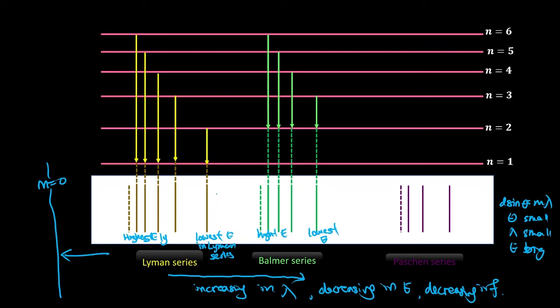The energy at L is always greater than the energy at B. Your Lyman series always has greater energy than the Balmer series. For the Paschen series, the first line is the highest energy photon emitted through the Paschen series, and the last one will be the lowest energy.